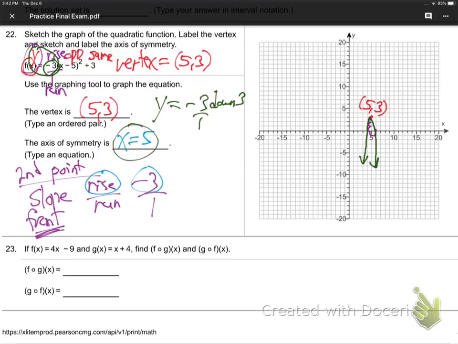That's the line that goes right through the middle of the parabola, x equals 5. So how do we do this with parentheses? Opposite, same gets our vertex, and then the slope in the front is rise over run, down 3 over 1, to get your second dot.